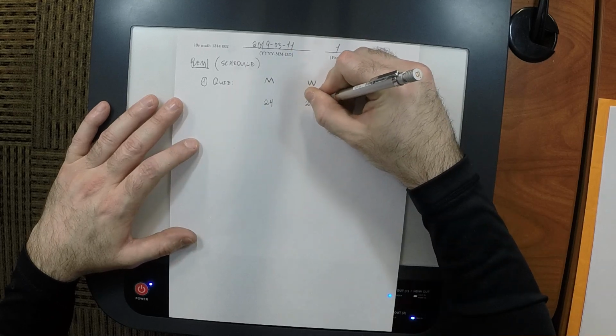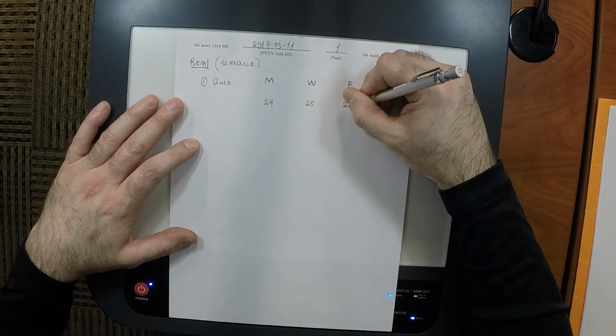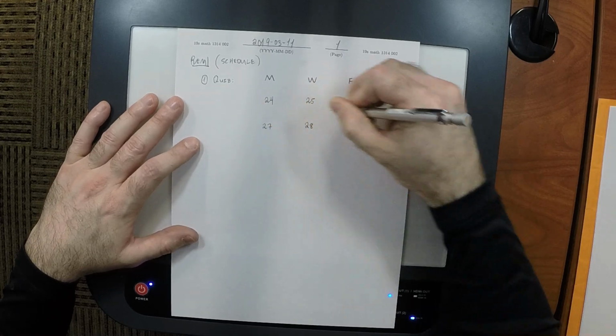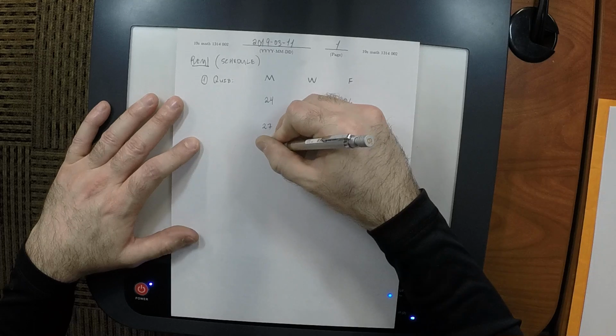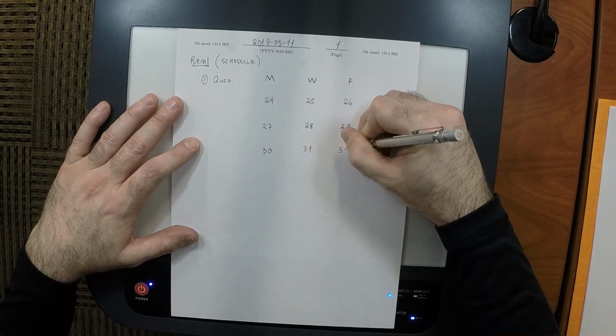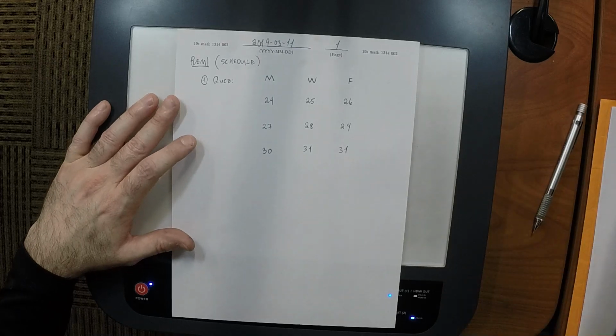And then next is 25, and then 26, 27, 28, 29, 30, 31, 32 comes after 31.